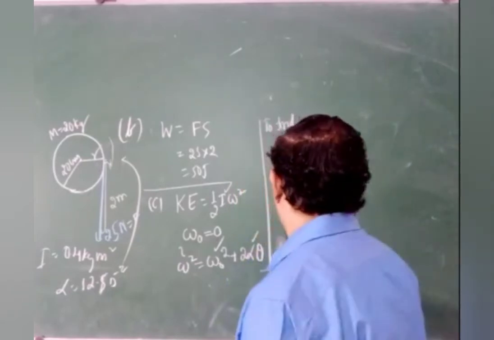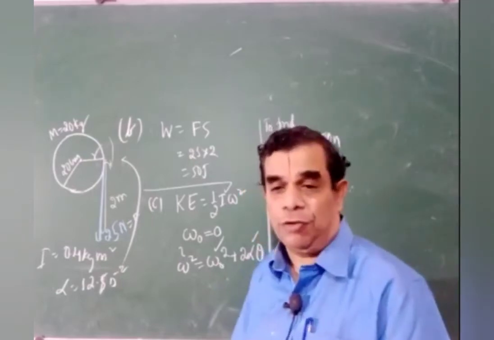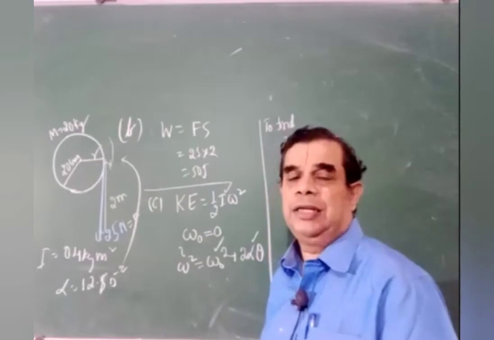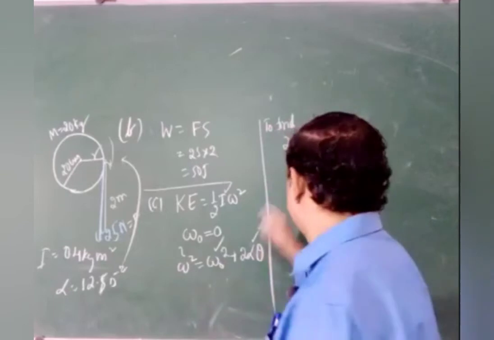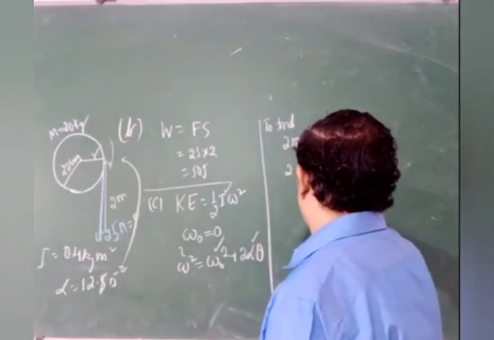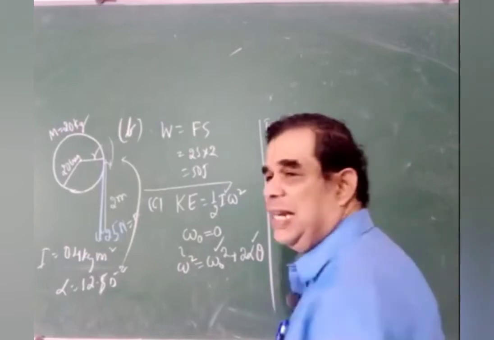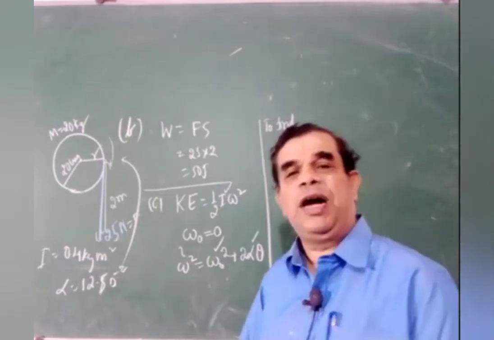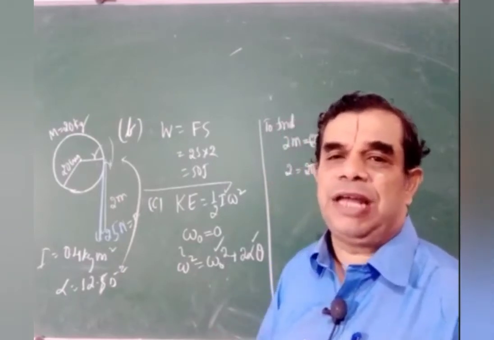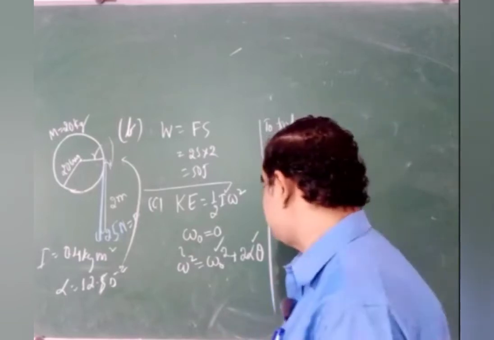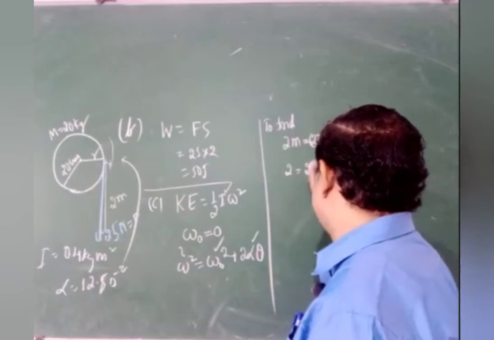So 2 meters should correspond to 2 pi r into n. N means number of turns. We have to calculate it. Then n into 2 pi will give you the angle covered. So 2 meters equals 2 pi r, r is 0.2, into n. We calculate n, the number of turns. If it is 1, then nothing to worry. That will be in radians. We have to convert it into degrees if you want. So how do you go for it now? 2 into 2, say 2 cancels there.